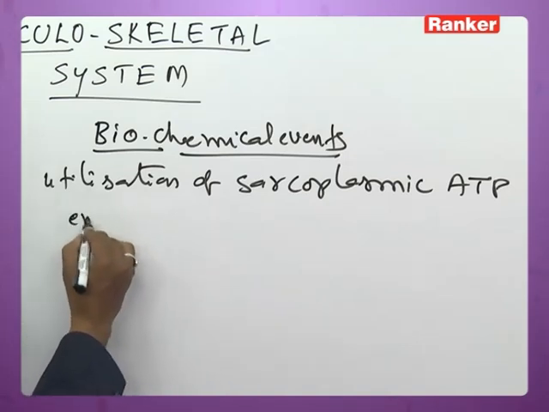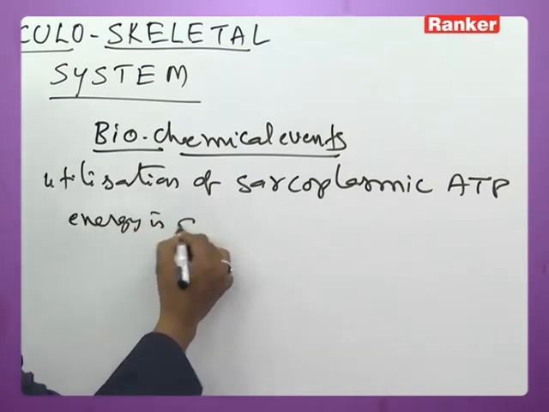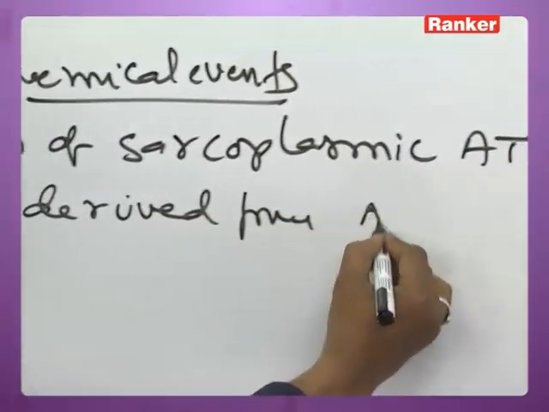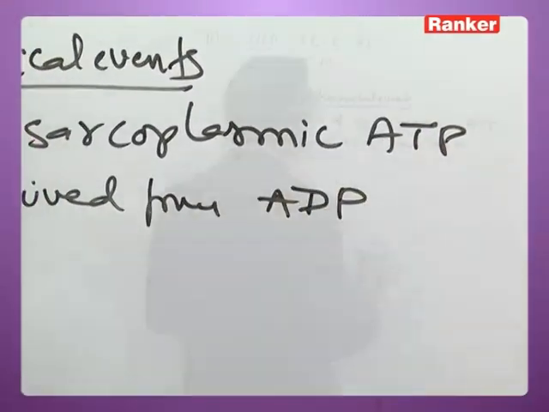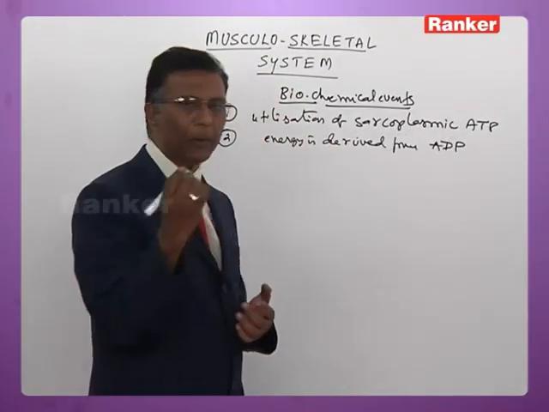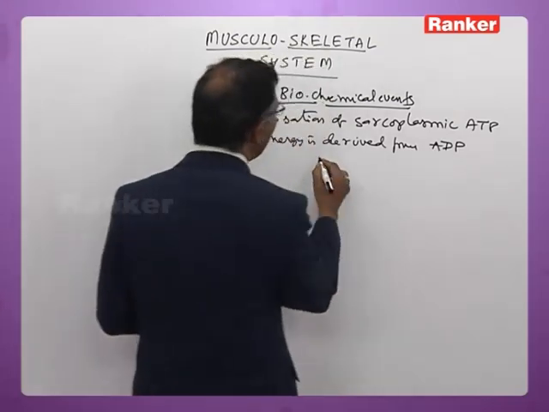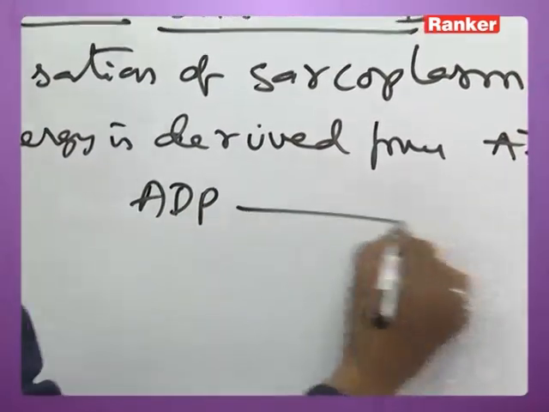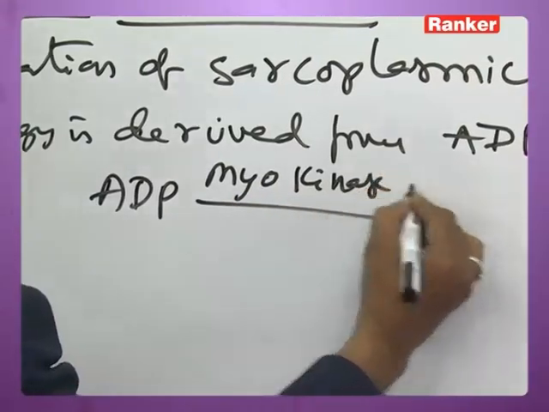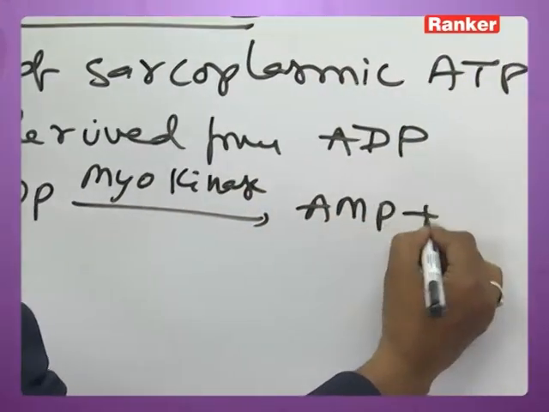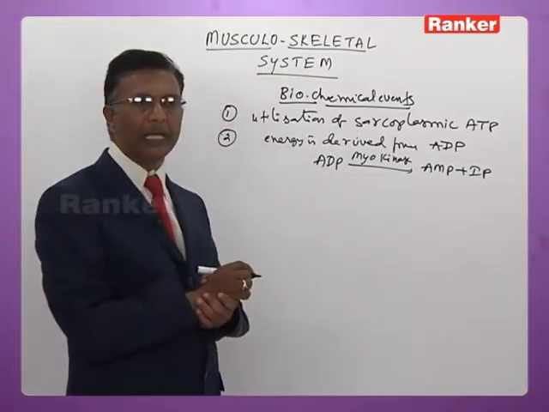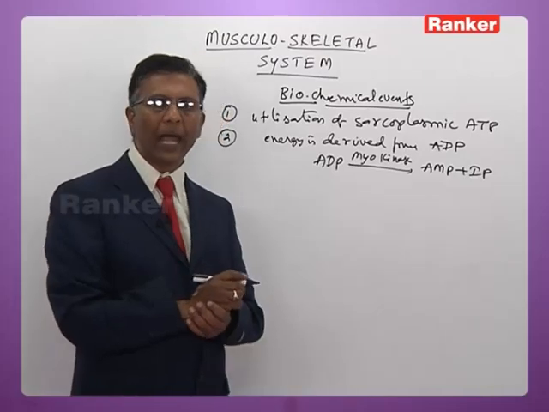Energy is derived from ADP, adenosine diphosphate. How does adenosine diphosphate generate ATP? Look at this, students. ADP, in the presence of the enzyme myokinase, splits into AMP and IP.